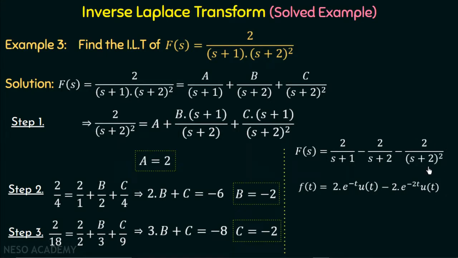And we can easily calculate the inverse Laplace transform by using the frequency shifting property. We have discussed one example based on this property in the previous lecture. If I assume one function as 1 over s squared, then the inverse Laplace transform of 1 over s squared will be equal to t. And if there is shifting in the frequency domain, then the exponential function is multiplied to the function in the time domain.